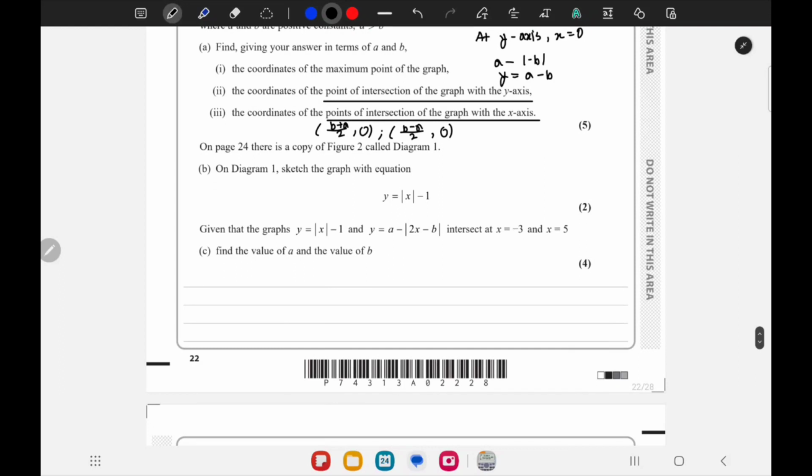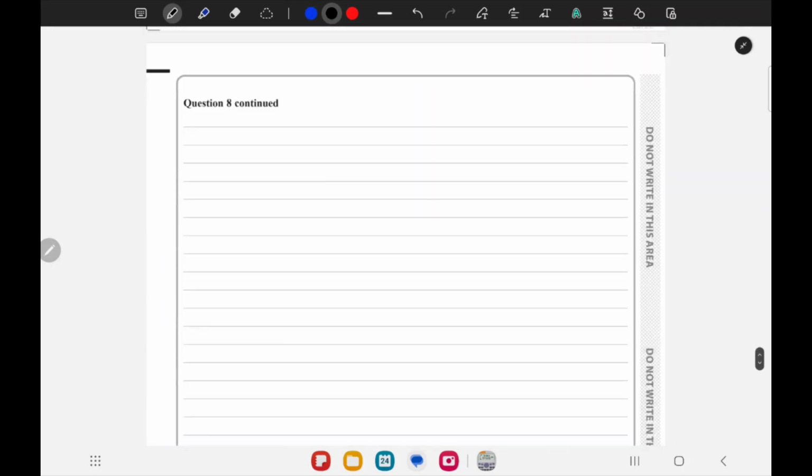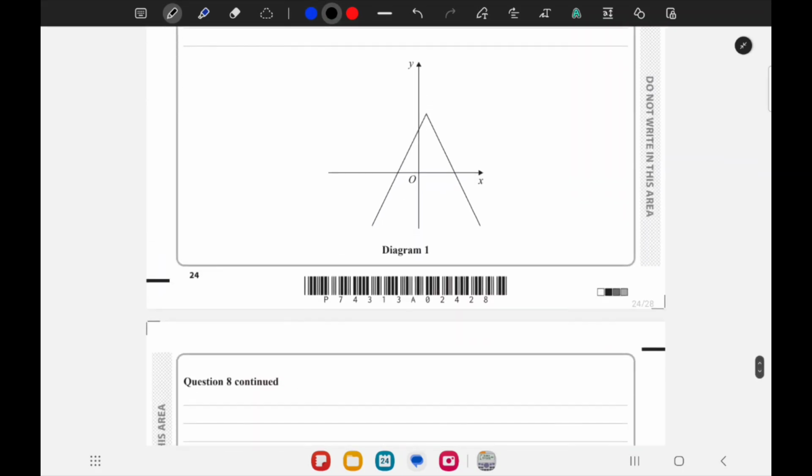Now in question B we have to draw this function, modulus x minus 1. So modulus x will be a graph like this. So modulus x minus 1 will be a graph with a minimum at minus 1. Since this is for 3x, this will be slightly more spread out.